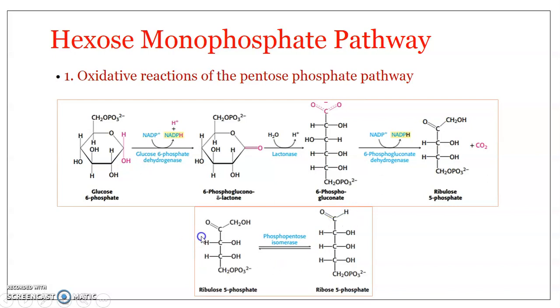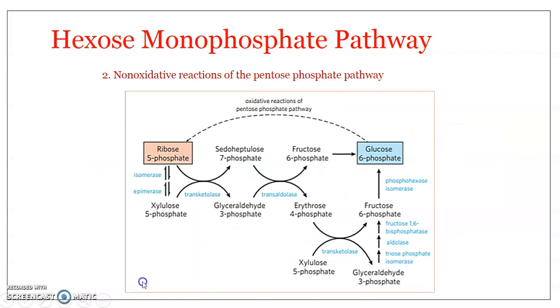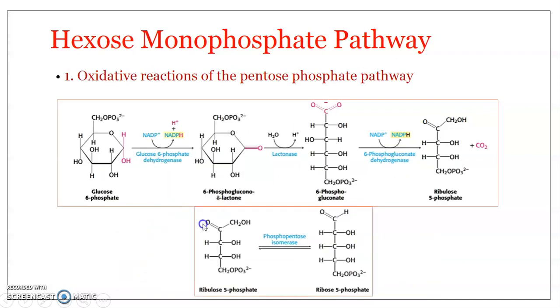This ribulose 5-phosphate can also undergo epimerization to produce xylulose 5-phosphate. The epimerization reaction is catalyzed by pentose phosphate epimerase, while the isomerization to ribose 5-phosphate is catalyzed by phosphopentose isomerase.